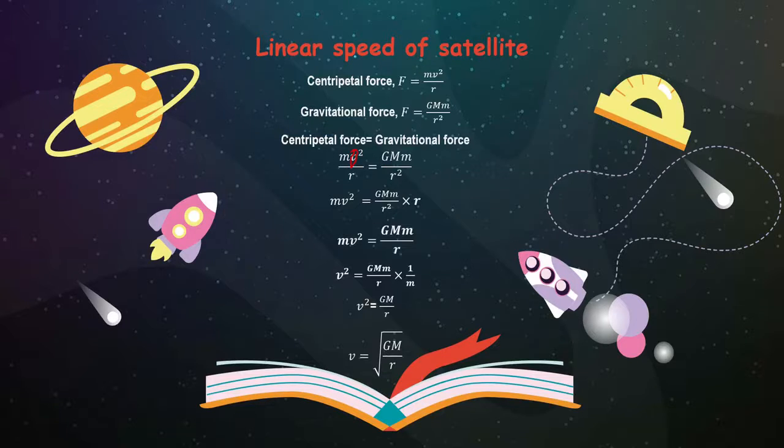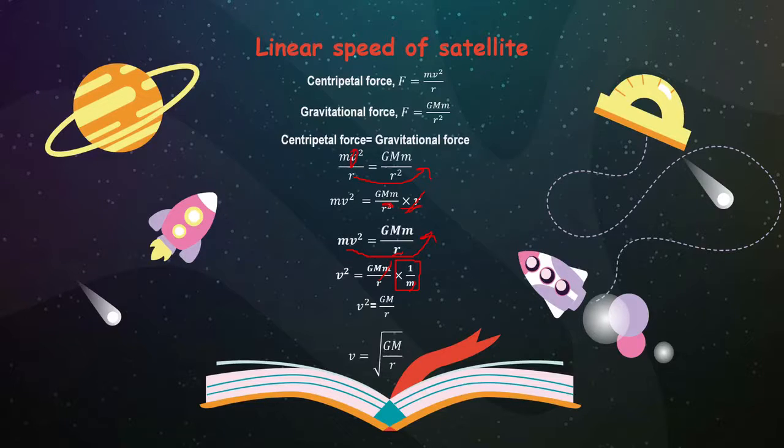First we move this r to the other side, it becomes times r. Then we cancel the square, and we are left with one r. Then we move this m to the other side, it becomes times 1 over m, and we cancel this m and this m.